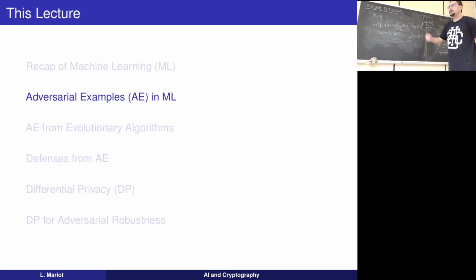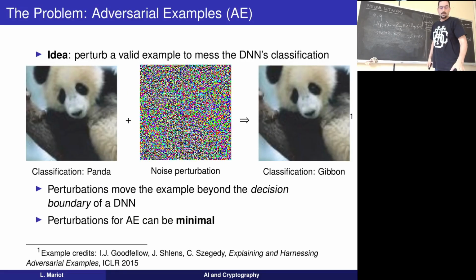So now, after this basic and very quick recap of how machine learning and neural networks work, we start with something that interests us more in particular, because it has to do with security and cryptography in general: adversarial examples in machine learning. So what is the idea? Once you train a deep neural network, or any neural network for that matter, after applying the backpropagation algorithm, the function learns a decision surface that can be nonlinear.